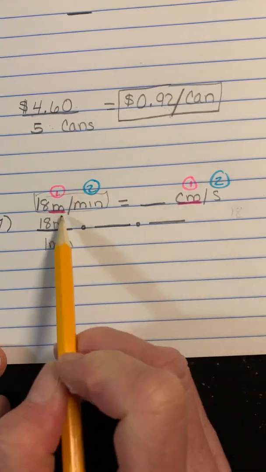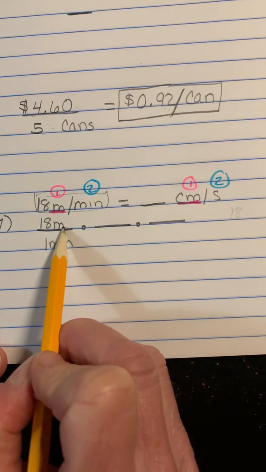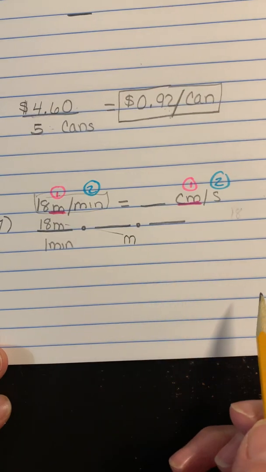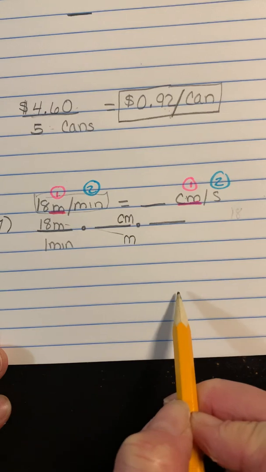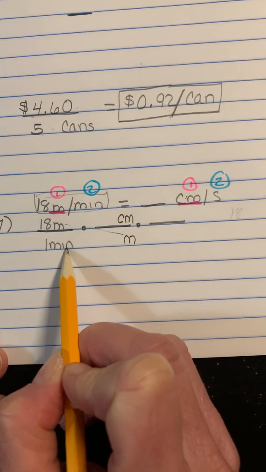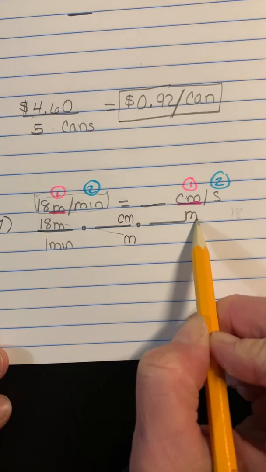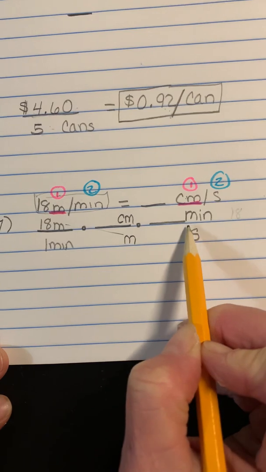Then I'm going to look and do my meters to centimeters first. If meters is in the numerator, I'm going to put it down here in the denominator so I can cross it out. And I'm trying to go to centimeters, so centimeters goes on the top. I'm going from minutes right here. Minutes is in the denominator, so I need to put it in the numerator in order to cancel that word, because I want to be left with seconds right there.